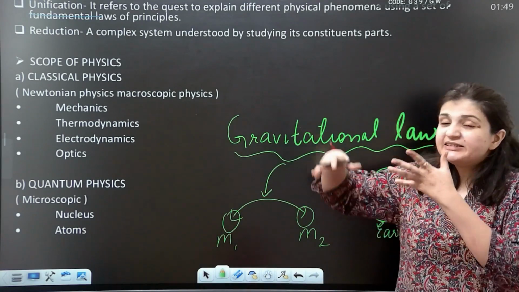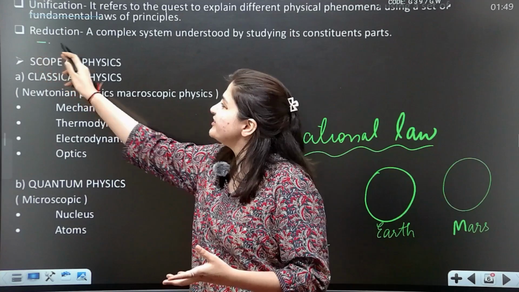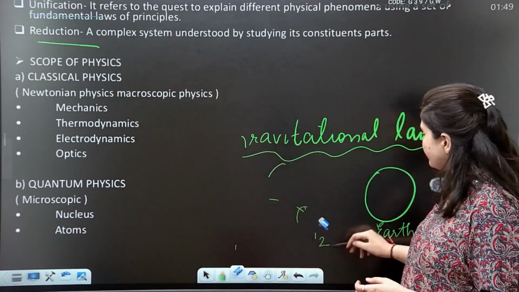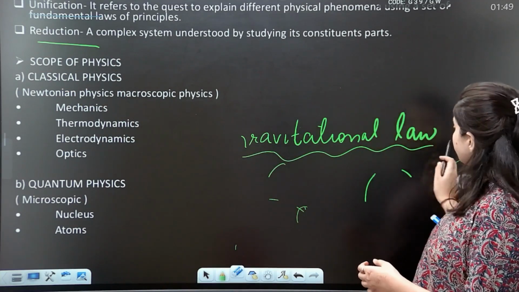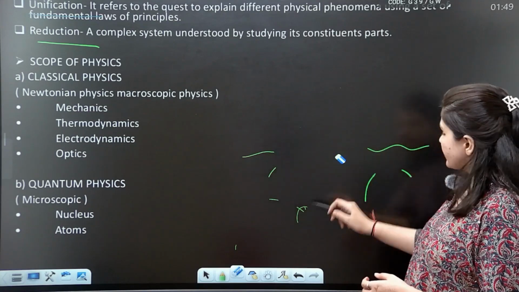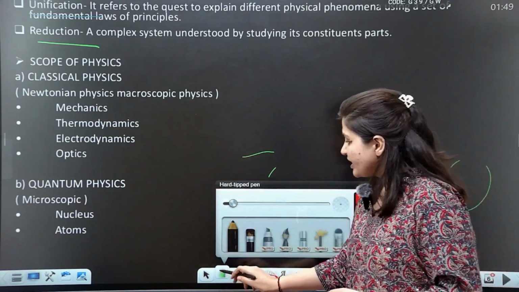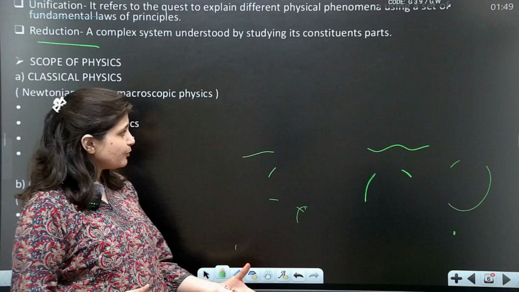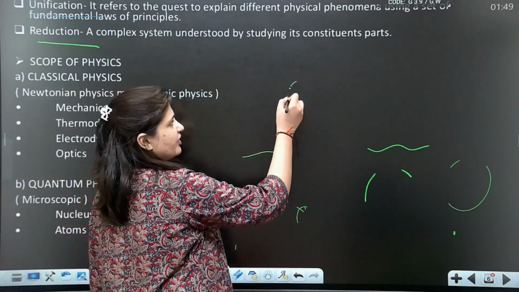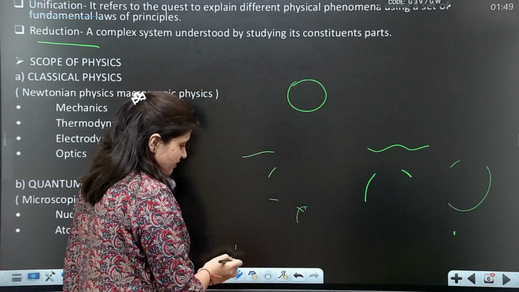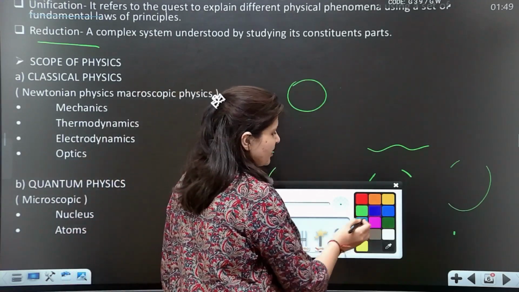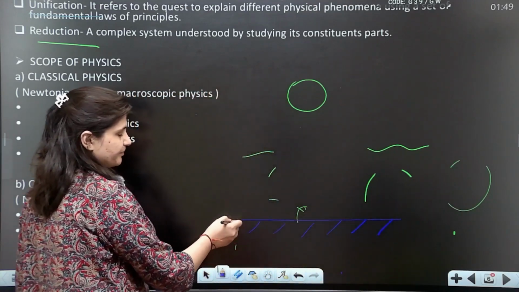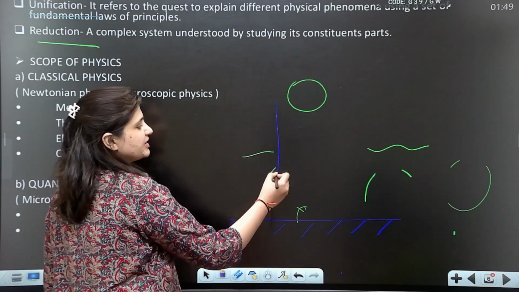Now students, next comes the concept of reduction. Let's understand what we mean by reduction. When we are solving a certain physics problem, say we have an object here and this is the surface.